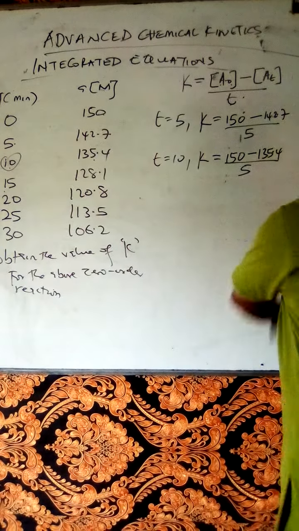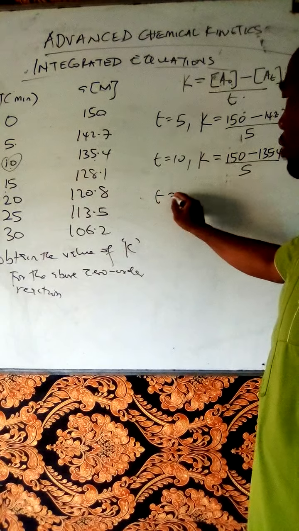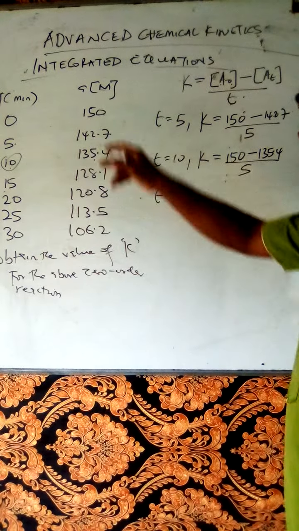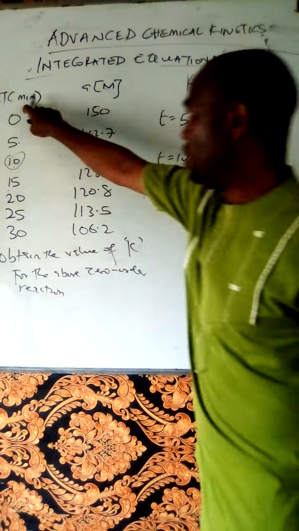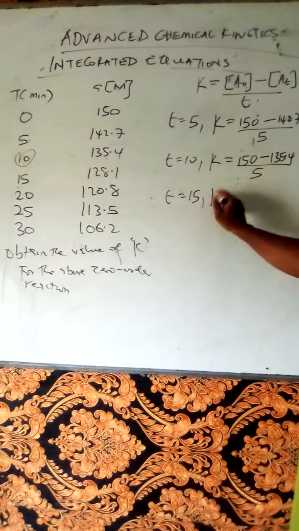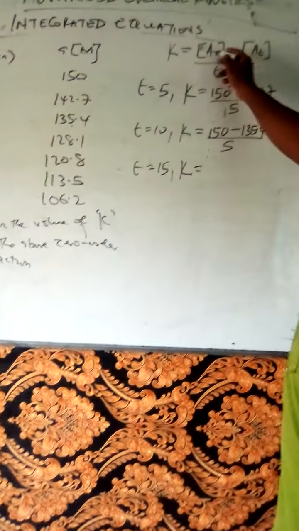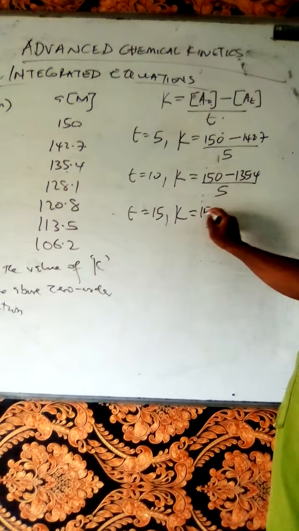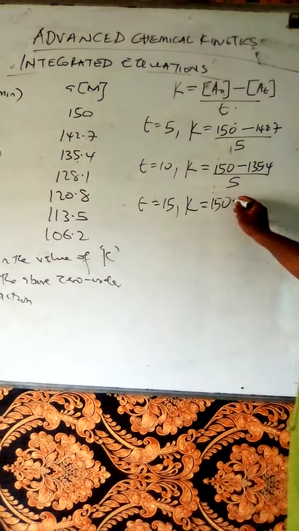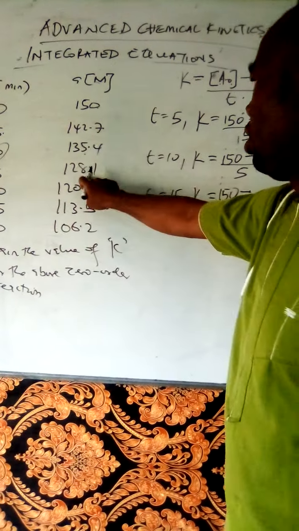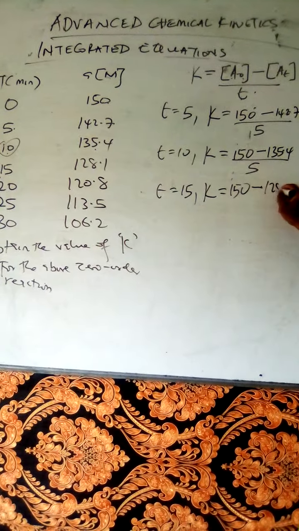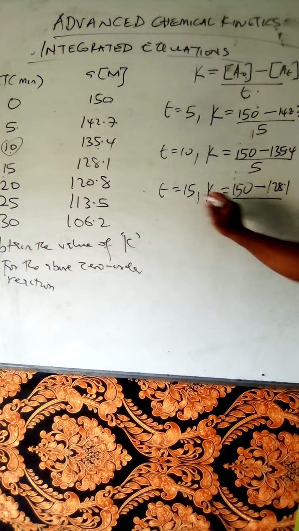So we also do the third one when the time is 15 minutes. The unit here is minutes: 5 minutes, 10 minutes, 15 minutes. So our k becomes the initial concentration, which is 150, minus the concentration at time 15 minutes, 128.1, over 15.